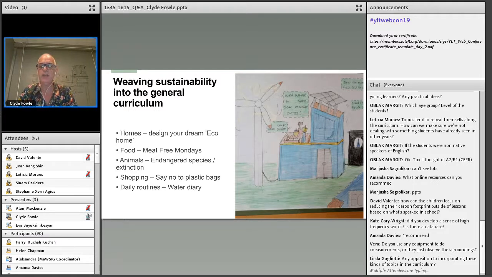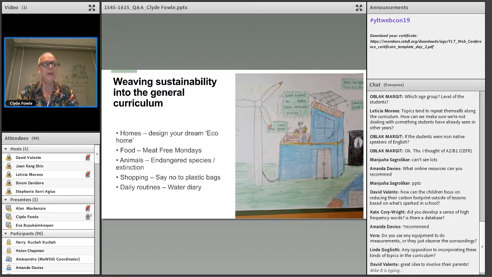Any opposition? Well, the school I worked in had a mission statement that included sustainability, so it was actually something we were supposed to include in our curriculum, and the school supported it. I didn't have any opposition from parents.